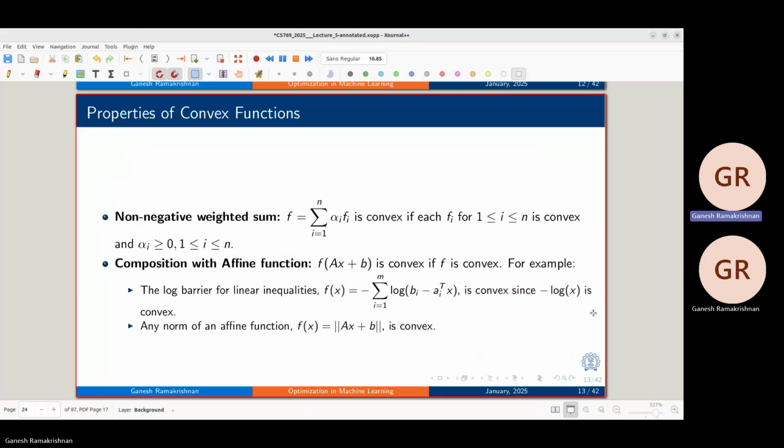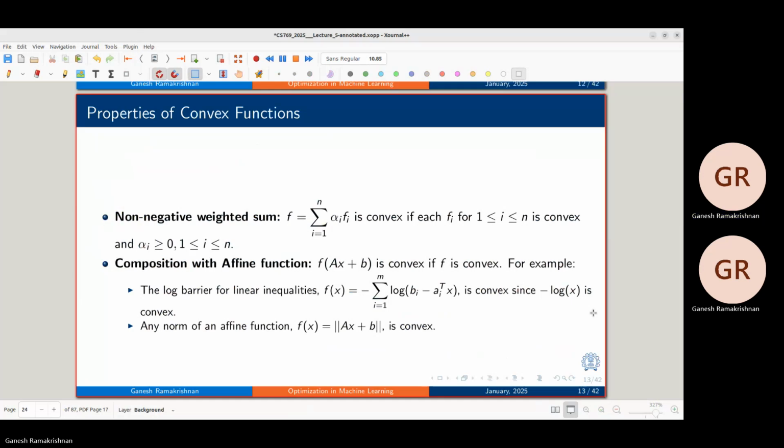And A could be an m cross n matrix. The function itself was originally defined in n-dimensional space.